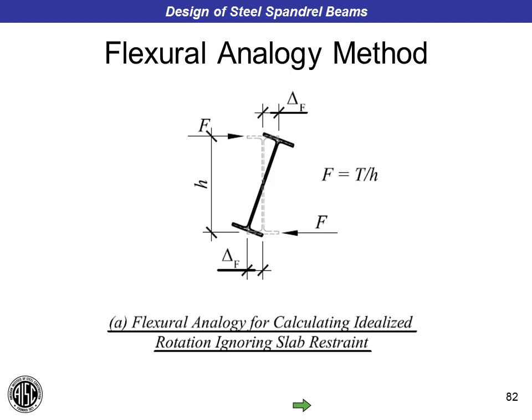In principle, though, the flexural analogy method is to take the torsion that's applied to the spandrel beam and divide it into couples at the top and bottom flanges of the beam equal to the torsion divided by the depth between the centroids of the flanges. So that gives you a lateral force on the bottom flange and a lateral force on the top flange.